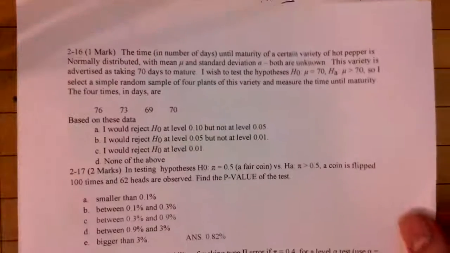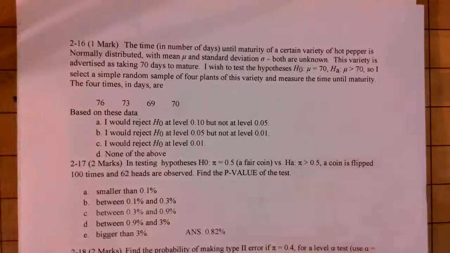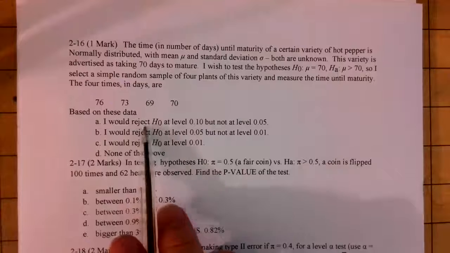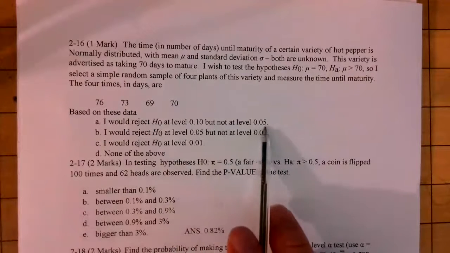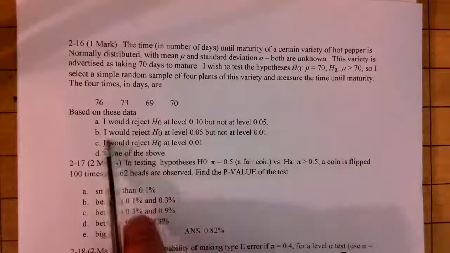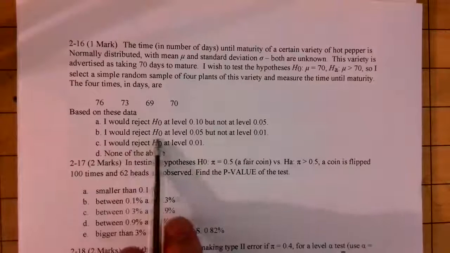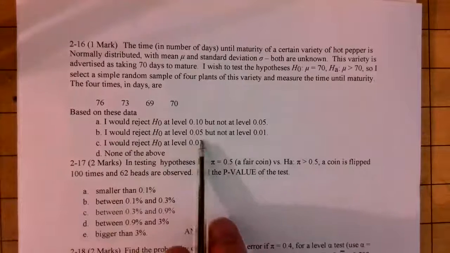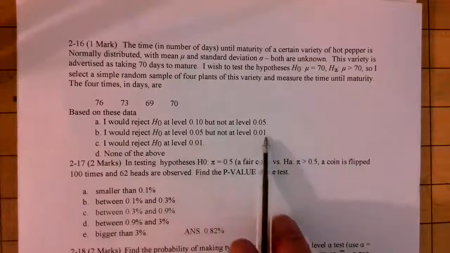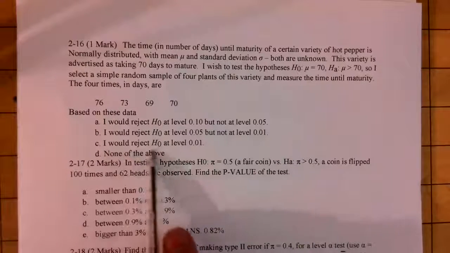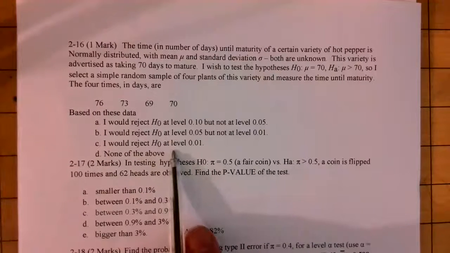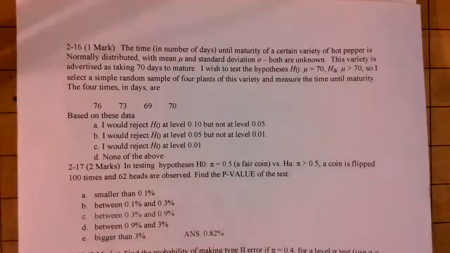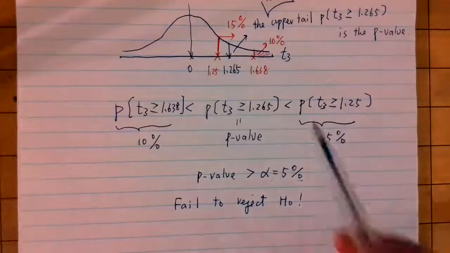Which answer is it? A: we would reject at 10%, but not at the 5% level. B: I will reject H naught at the 5% level, but not the 1% level. C: I will reject H naught at the 1% level.